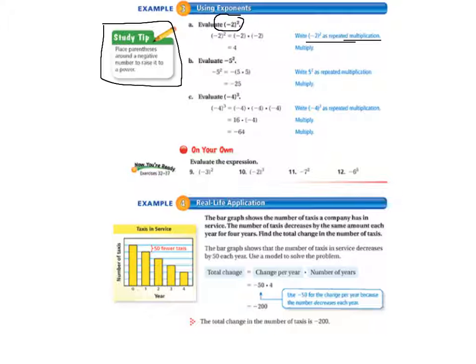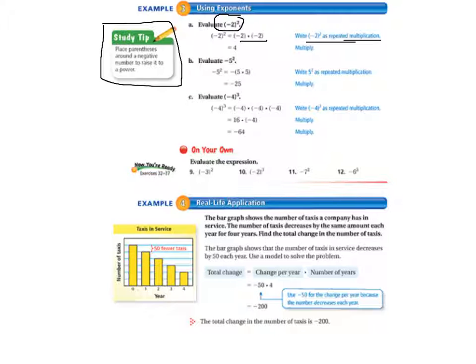Take a look at your problem, and it has the -2 in parentheses. So that means that the negative sign is inside the parentheses. So when we write out our problem, the negative travels with our 2. So it gets repeated every time we do the exponent. So -2 times -2.